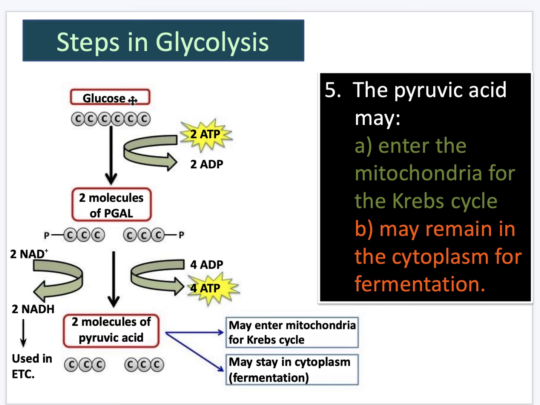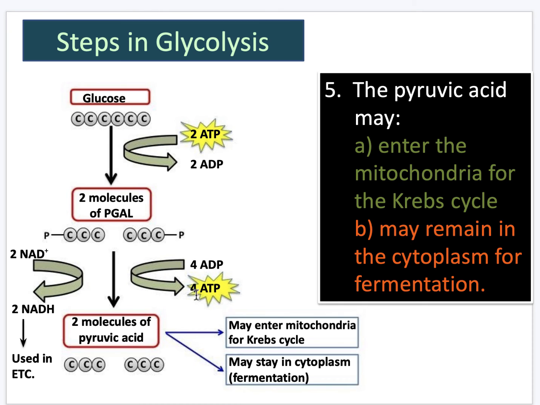For glucose to do the initial break from 6 carbons into 2 molecules of 3 carbons each, 2 ATP are used. However, when the PGAL gets oxidized, we've got this release of these phosphate groups, and now they can add back to the ADP and make ATP.